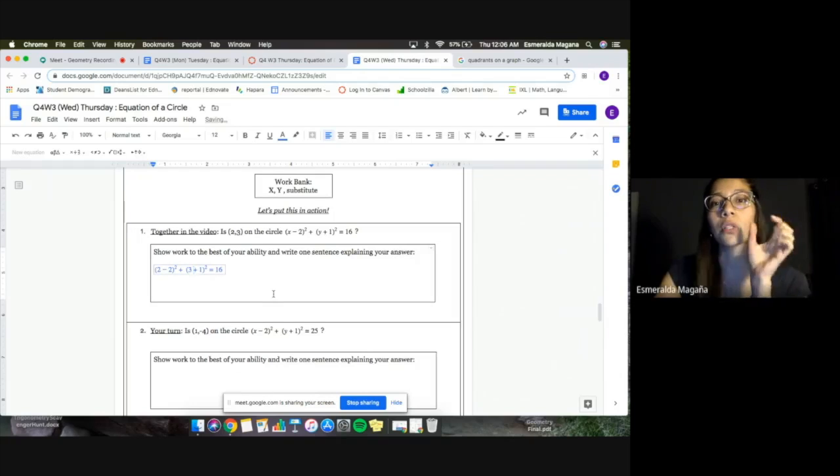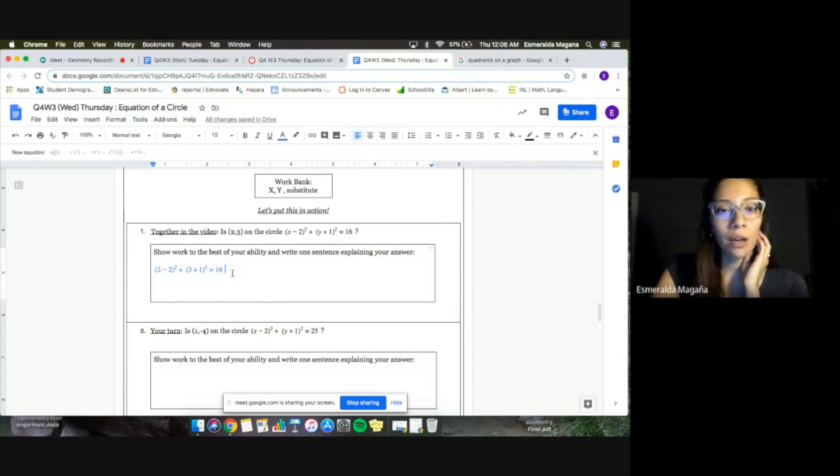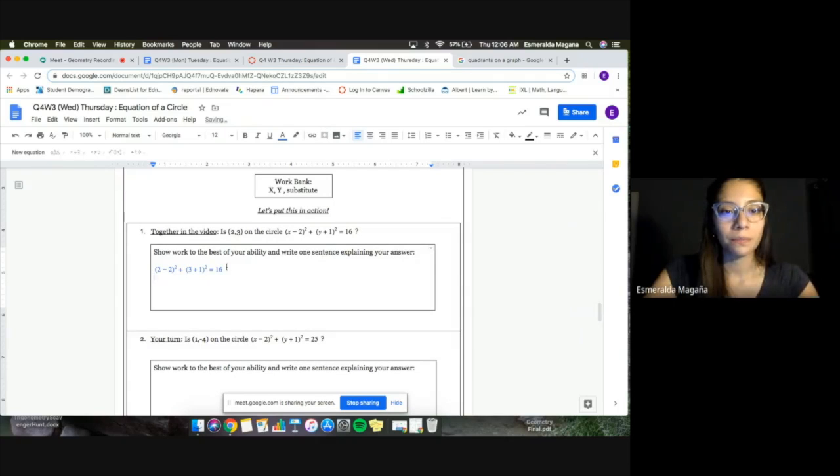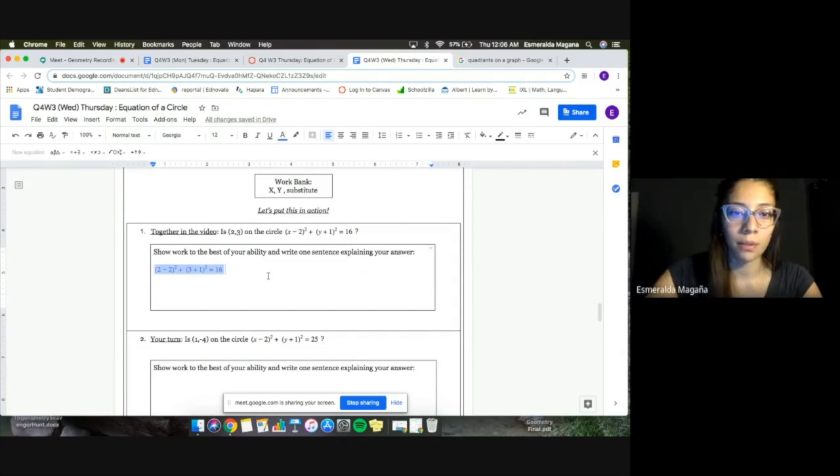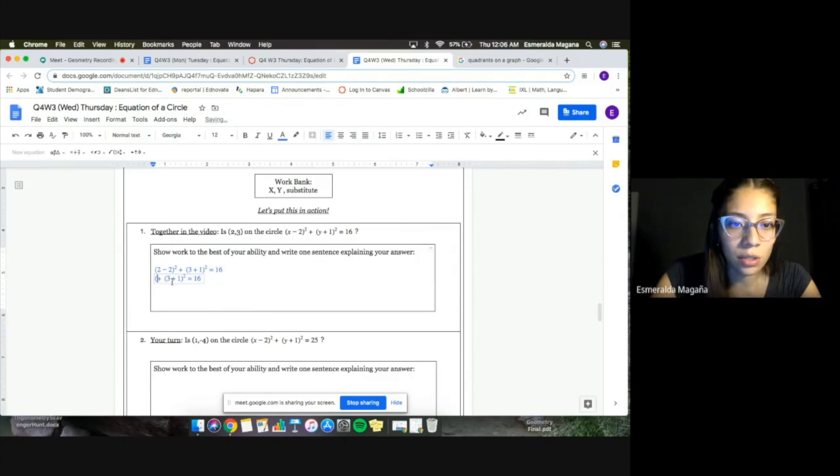So if this statement is correct, then yes, these points are on the circle. So now I'm going to continue. So here I have 2 minus 2. I'm going to make my life easy again and copy and paste. So right here, 2 minus 2, I already know that that's 0.